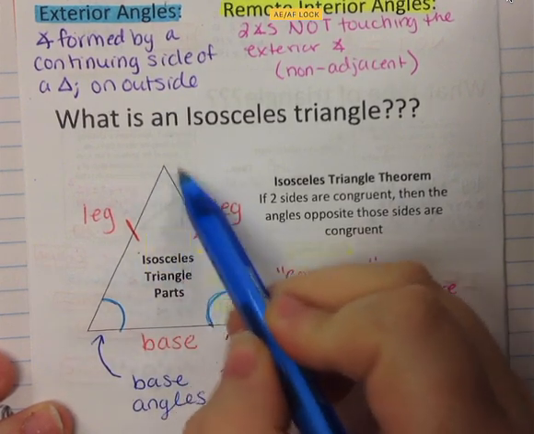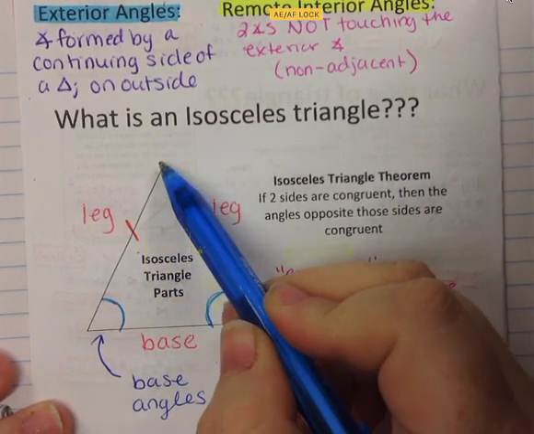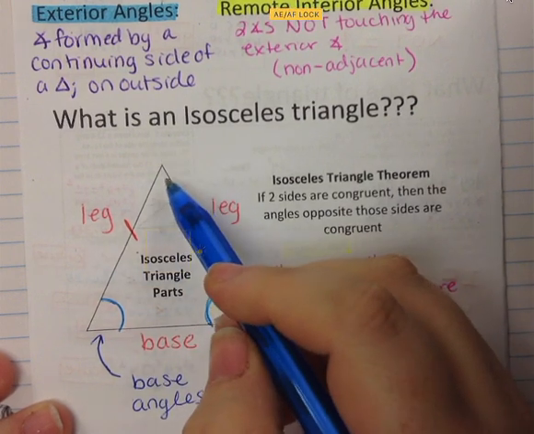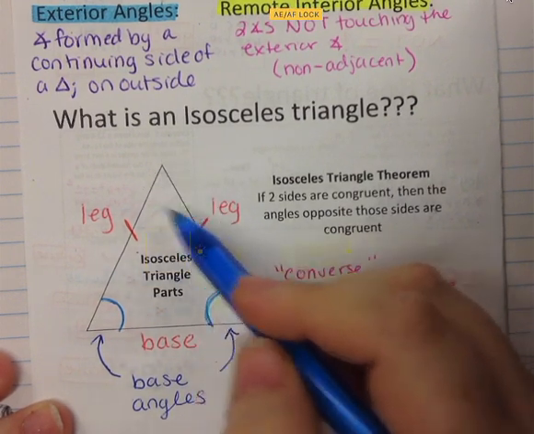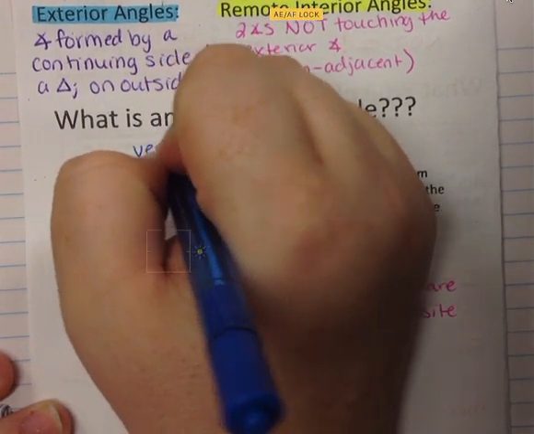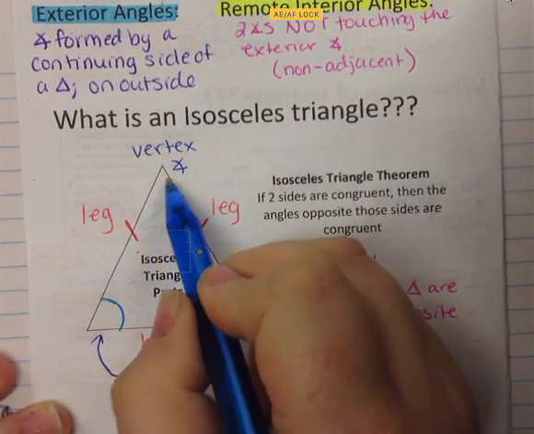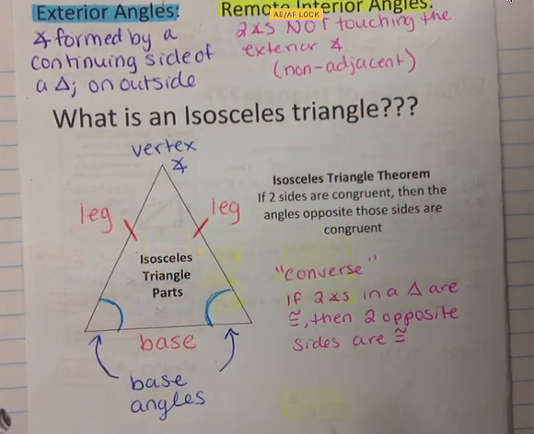This angle up here, since it's across from your base, would not be called a base angle. This angle up here where the two congruent sides meet is called your vertex angle, because it's where these two meet.